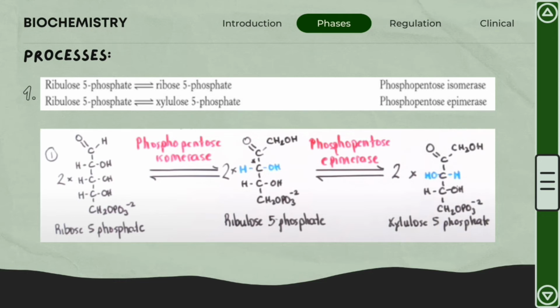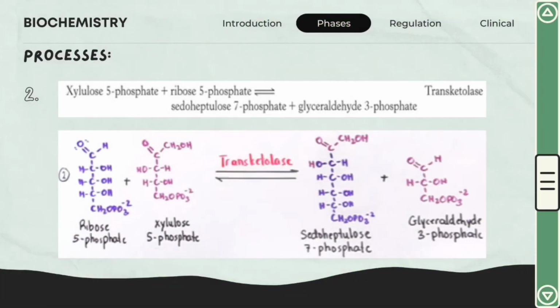So we have two of the ribulose intermediates, and then we form two of the xylulose 5-phosphate product. One of these xylulose molecules is used in process 2, and the other one is used in process 4, which will be discussed later. Let's move on to process number 2.